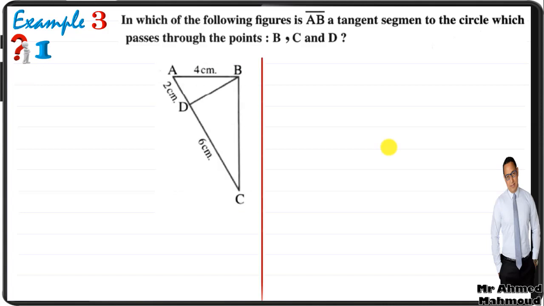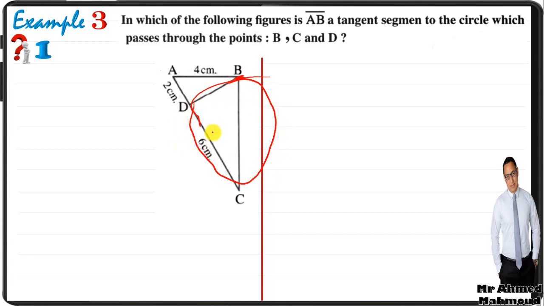Now, in which of the following figures is AB a tangent to the circle which passes through the points B, C, and D? Forgive me for the bad drawing.